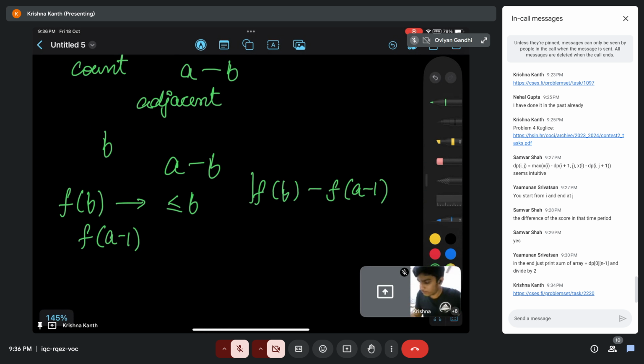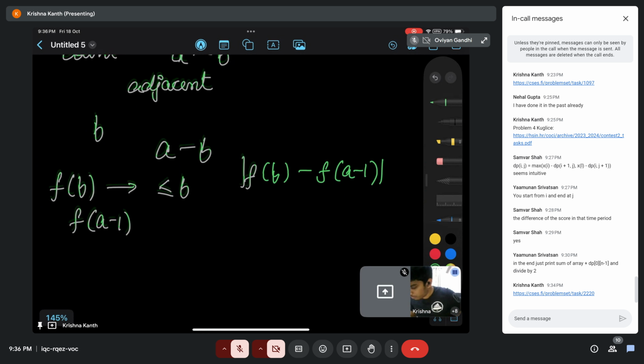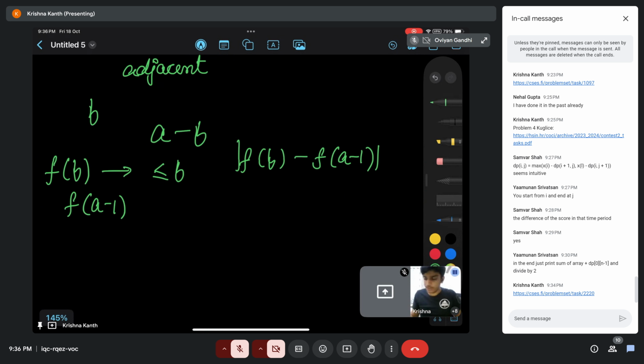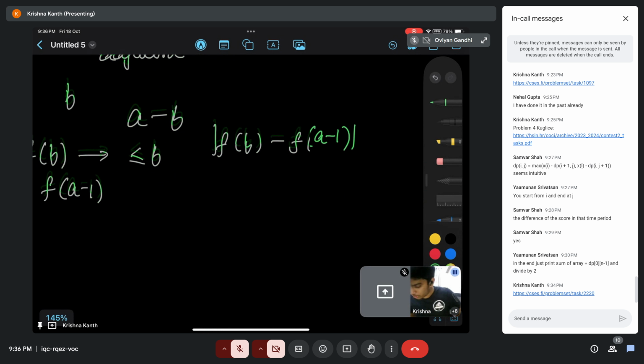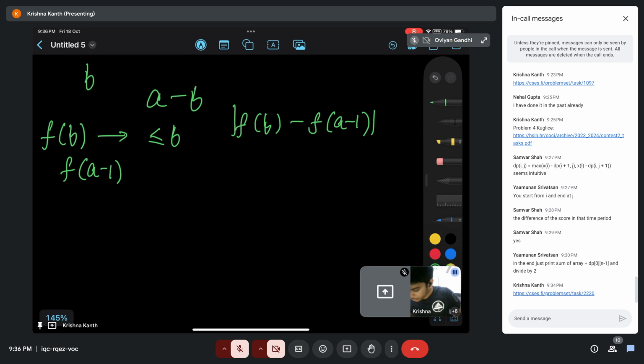So now I'll give you a rough idea on how to calculate f(b). There are a lot of states to keep in mind. So I'll just define the DP state. Let us say we're going from left to right. Let's say the digits are like this. These are placeholders for digits. Let's say positions are 1, 2, 3, 4, 5, and so on.